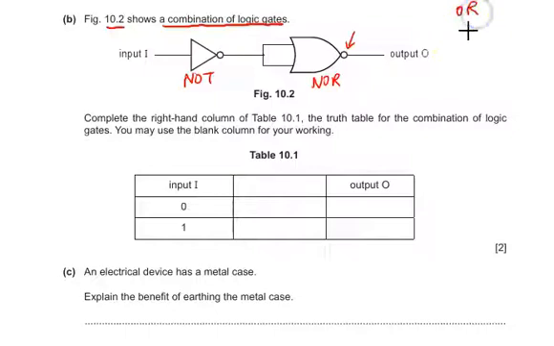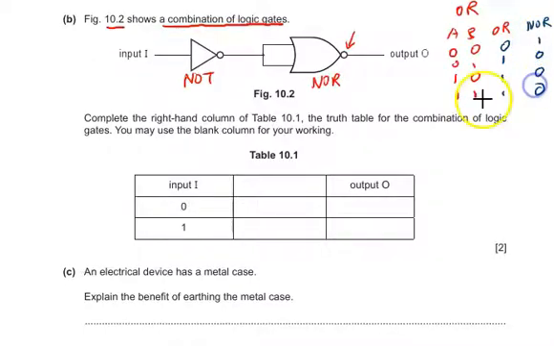The inputs A and B are 0 0, 0 1, 1 0 and 1 1. For the OR gate you get 0, 1, 1, 1. For a NOR gate, you have to make it opposite, which is 1, 0, 0, 0.